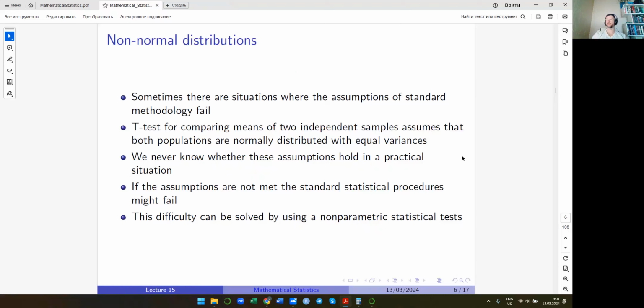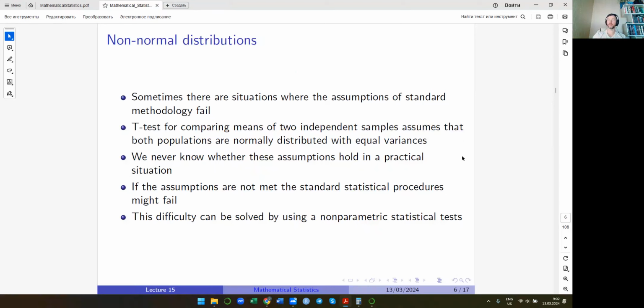So you can ask me, why have we spent so much time on exploring parametric tests, like everything before, like t-test, z-test, ANOVA, and so on, if they fail in practice? The thing is that the parametric tests we have covered are very simple to apply.